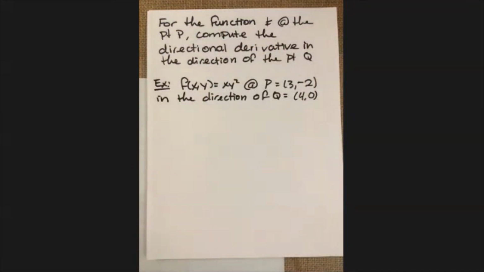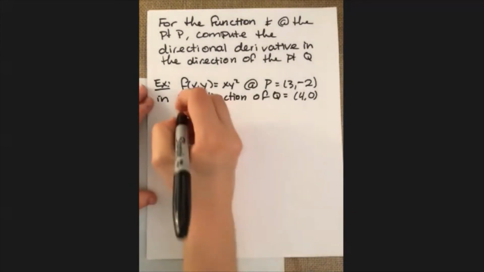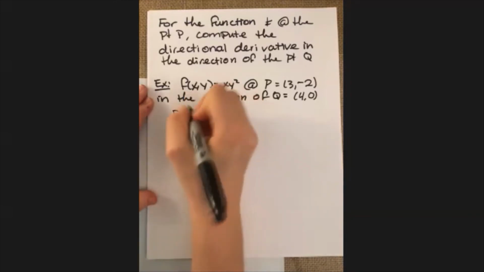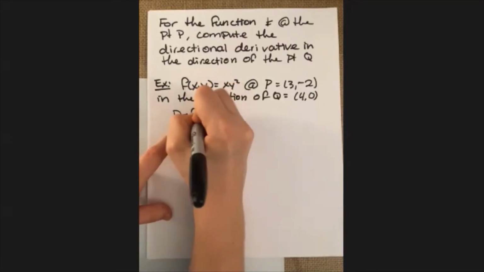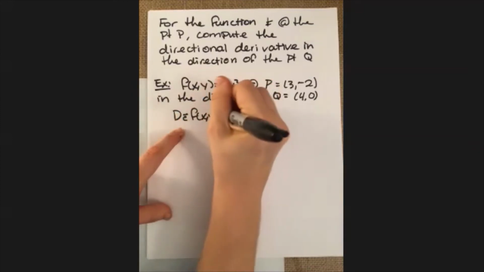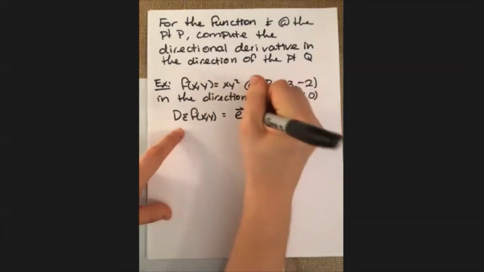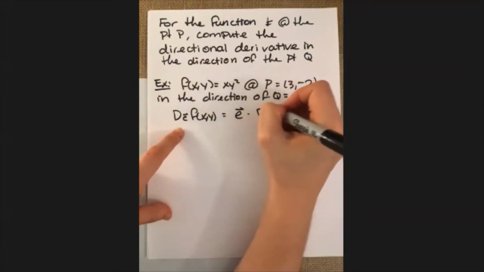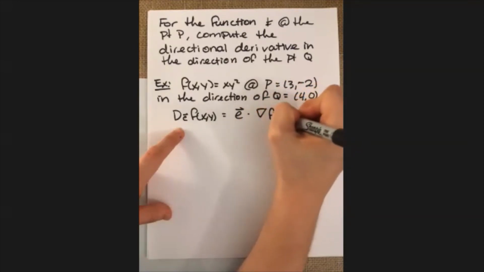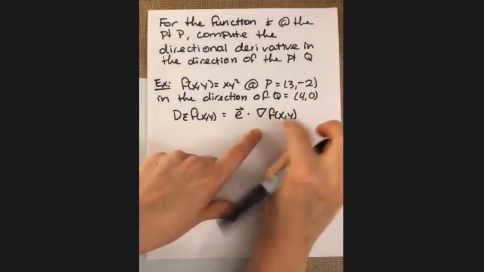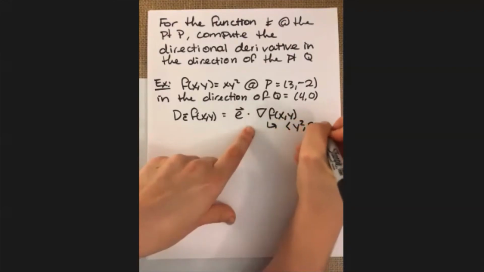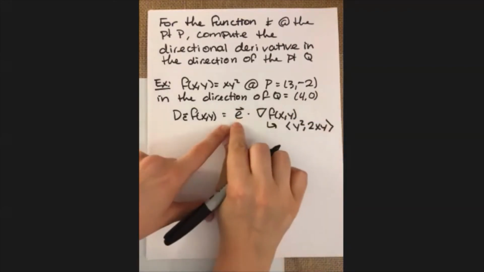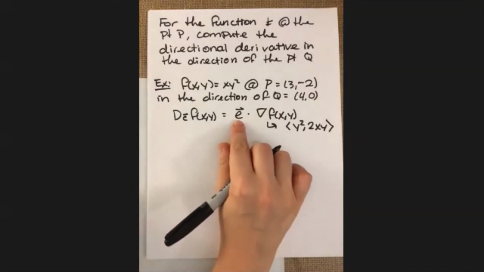Okay, so we're looking for a directional derivative, so we're going to start with that equation. The directional derivative in a particular direction, which we're going to have to determine, of f of x, y is equal to e dotted with the gradient of f of x, y. Now this piece we already have. This is the vector (y squared, 2xy). This is the one we really need to know about. We don't know what direction we want this to point.